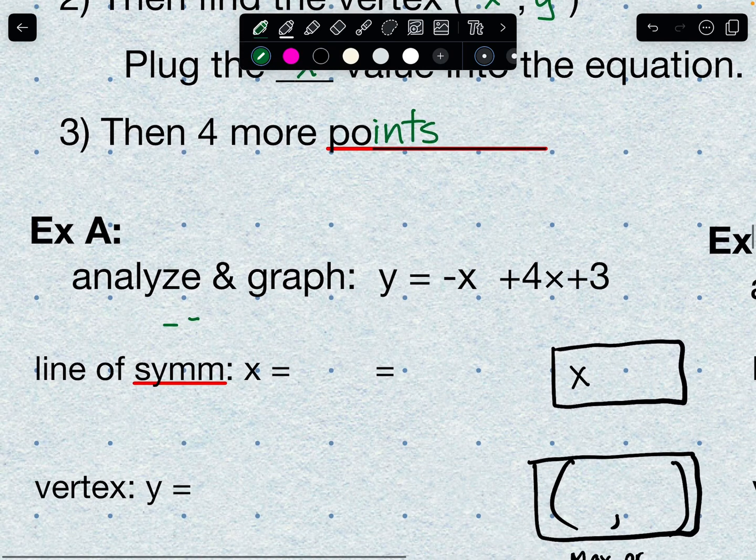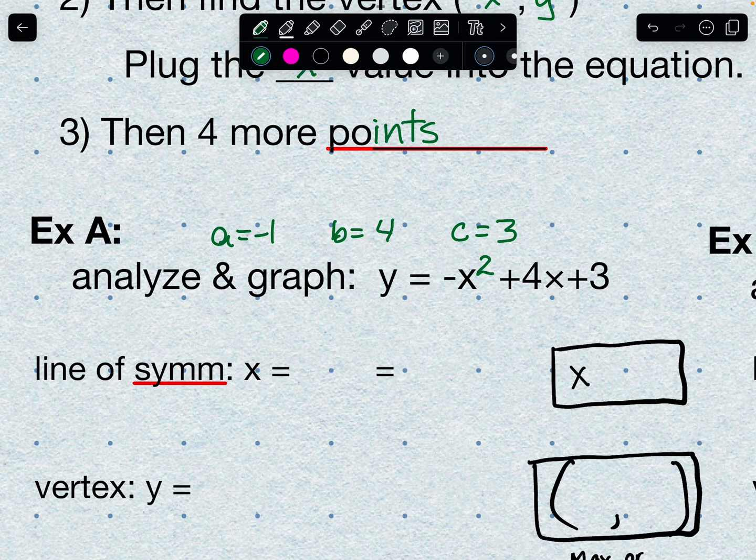So here's our first problem. We want to analyze and graph y equals negative x squared plus 4x plus 3. What is A? What is B? What is C? A equals -1, B equals 4, and C equals 3. That's the first thing you should always do. Next, write down some words.